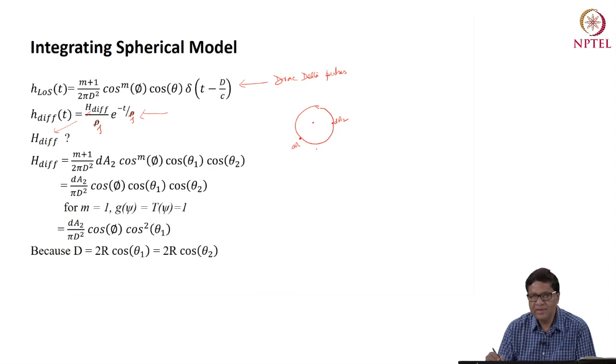How much light is collected by dA2 from this dA1? I'm just trying to calculate from dA1. Similarly, you can integrate over the whole sphere and find out how much light is collected by dA2. Suppose this distance is d, and this is with the center, so this is theta1, this is theta2, and this is, say, the radius of the sphere.